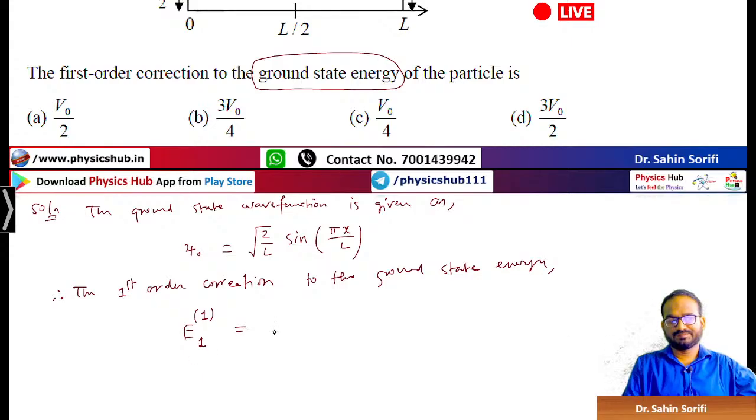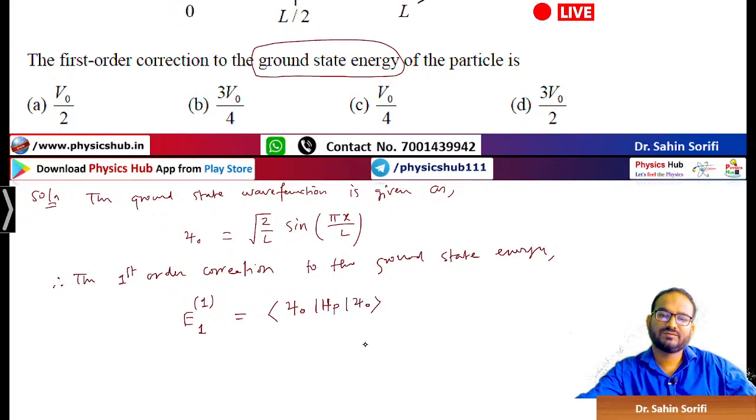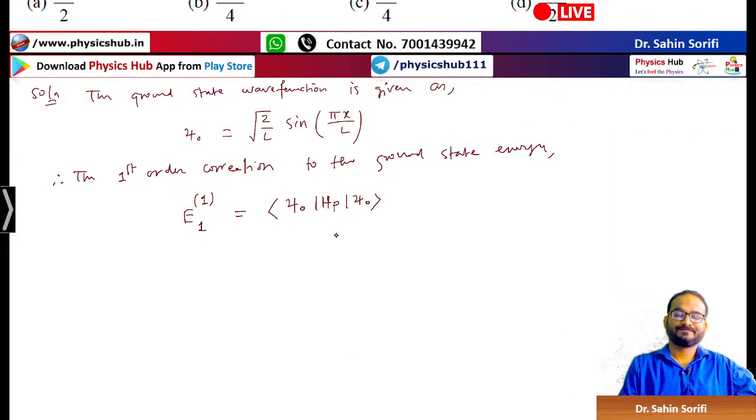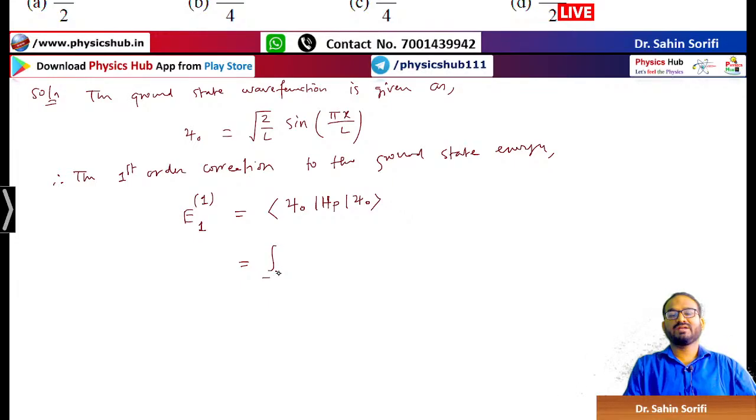This is equal to, you know the formula, <psi_0|H_p|psi_0>. Now what is the perturbation? The actual formula is integral from minus infinity to plus infinity of psi_0 star H_p psi_0 dx.